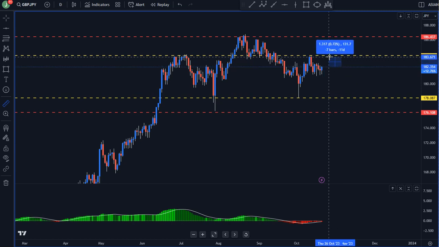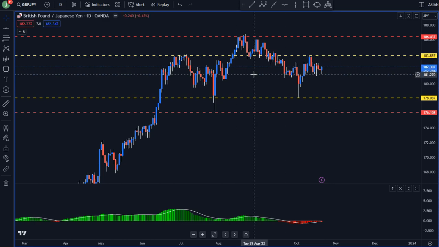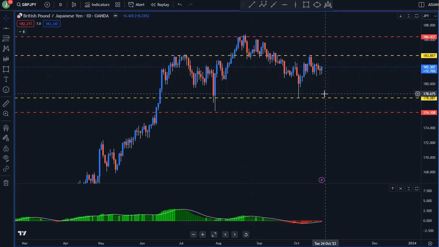So what that tells me is I have a potential 131 pip move to the upside if price continues to go in that direction, if it shows me that that's the direction it's going in, right? So now we have that insight.